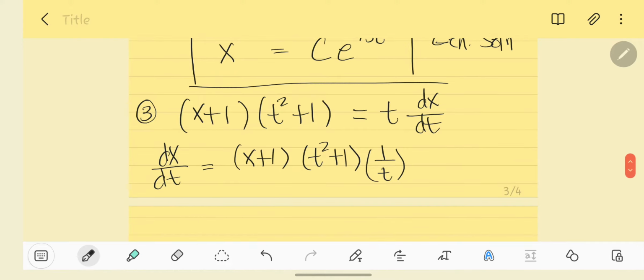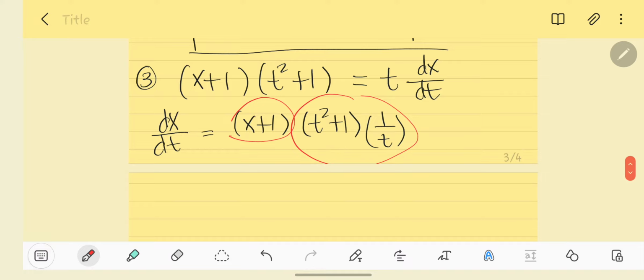So now we have the function of x and then the function of t. After that we should combine the like terms.